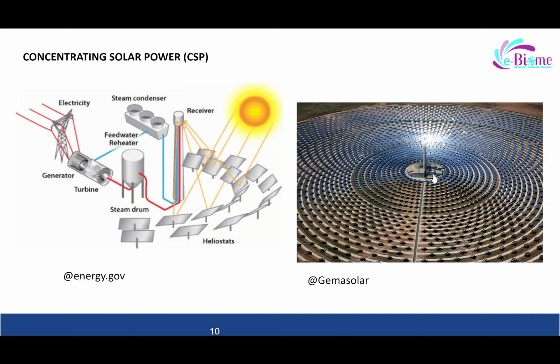Another example is this one, which works in a similar but slightly different way, where the mirrors reflect the light into this section of the tower, which contains hydrogen. Then when it's heated, it expands and passes over a turbine, turning a generator to generate electricity.